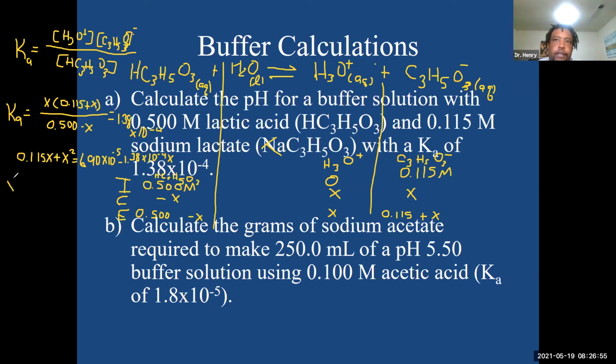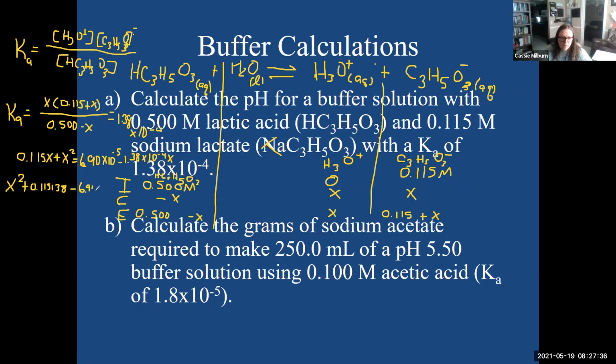So we'll end up with x squared plus 0.115138 x, if we add this with this, minus 6.90 times 10 to the minus 5. And then we plug that into our quadratic equation, and that's going to equal 0.